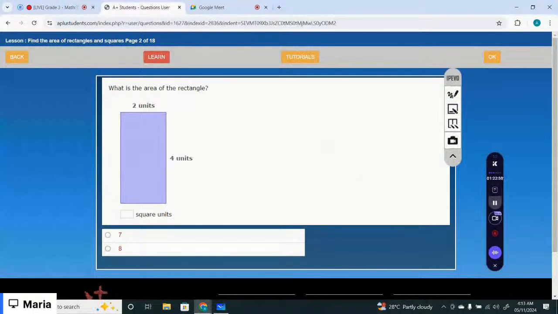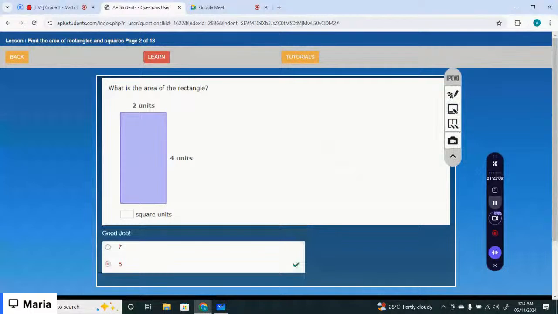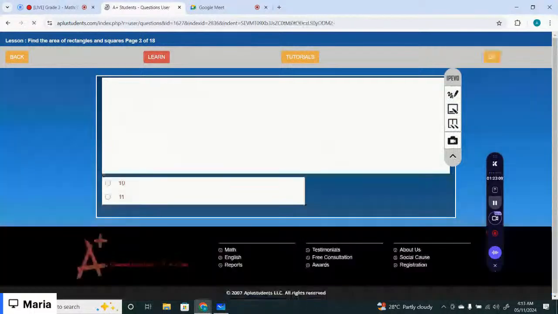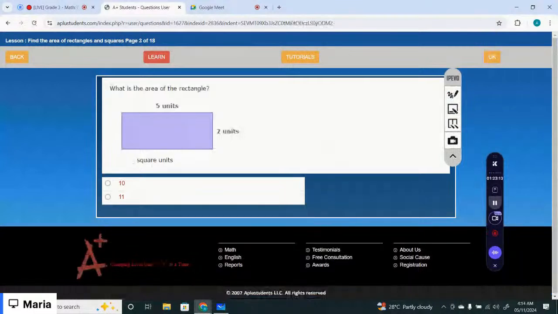So the correct option is 8. Option number 2 is the correct option. What is the area of the rectangle? Which is the correct option?